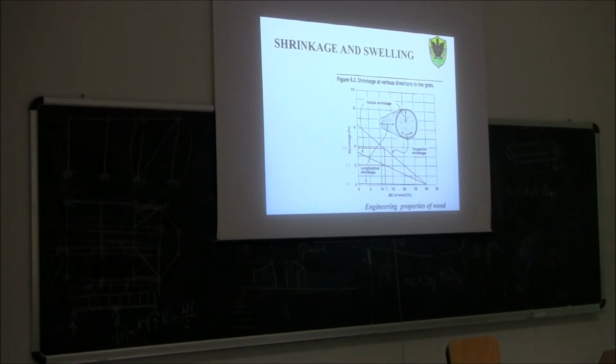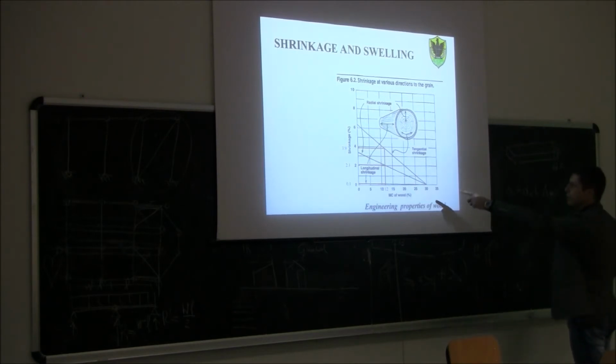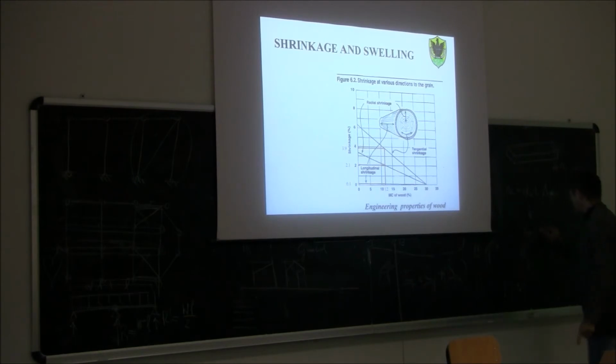So this alpha u can be calculated, for example, for the longitudinal direction, so alpha u parallel to the grain, which we said is negligible. If you want to calculate it, this will be 0.1 divided by 100, times 30 minus 12.